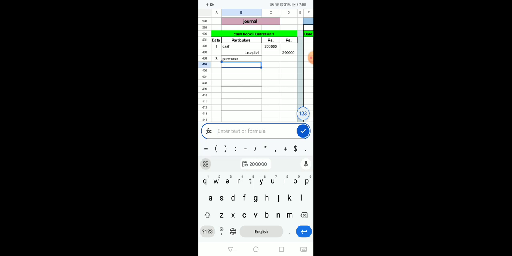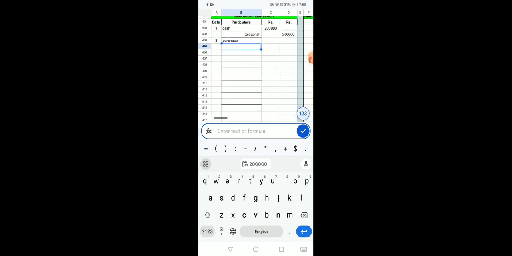When you are buying something, the second activity is that you will be paying cash or check or something for the purchase of goods. In one aspect you are buying goods, in the other aspect you are paying cash. It means when you pay cash, your cash in hand will decrease. Cash in hand is your asset, so asset is decreasing.